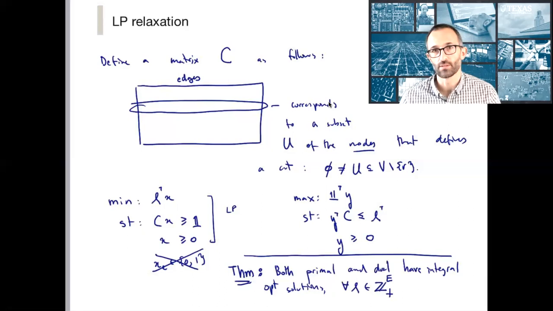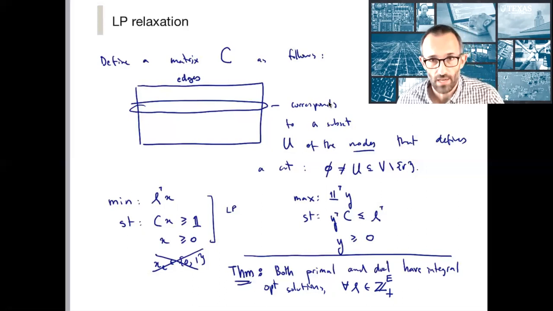So for any vector of non-negative integers on the edges, corresponding to the edges, that defines the objective function for the r-Arborescence problem and therefore the constraint for the dual, both of these problems are integral. And that is essentially what we want to show. And from this integrality, you can also conclude the previous theorem.